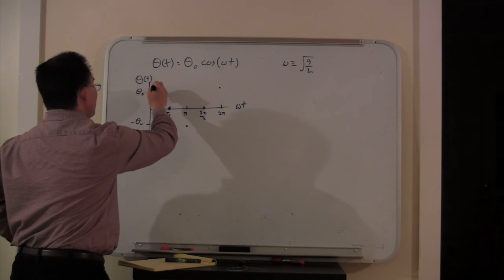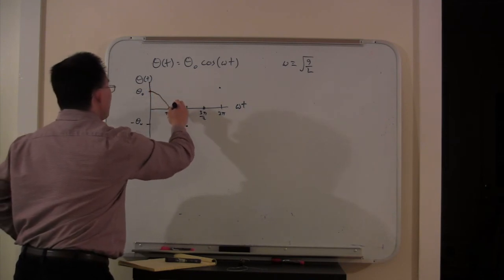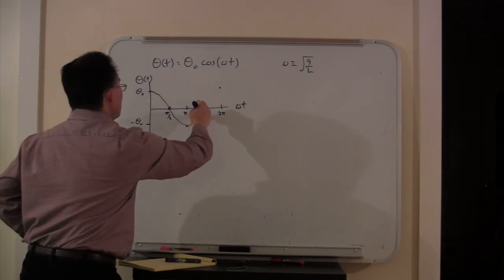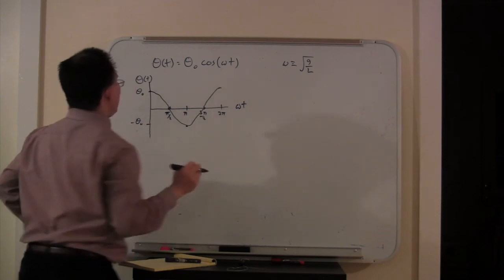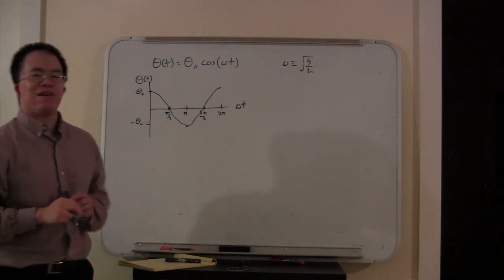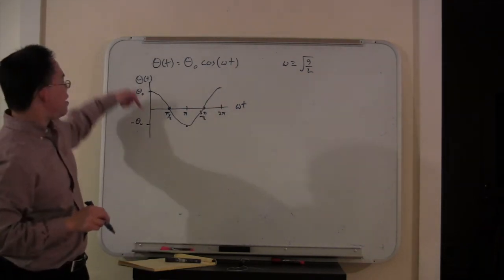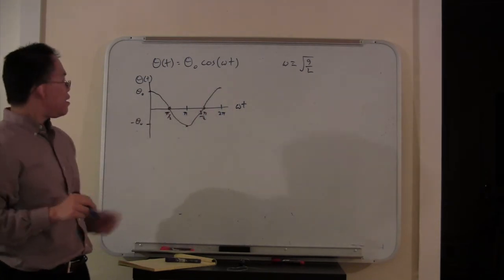So if I do that, I'm going to get something that looks like this. And my drawing of my hands are a little wobbly, but I think you can see that this is periodic, right?